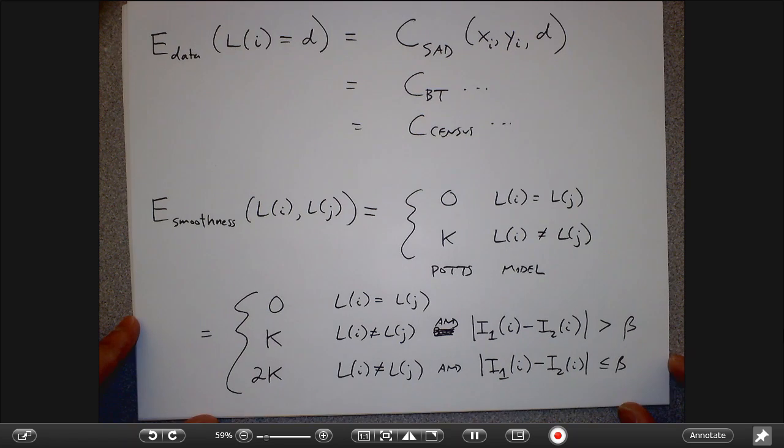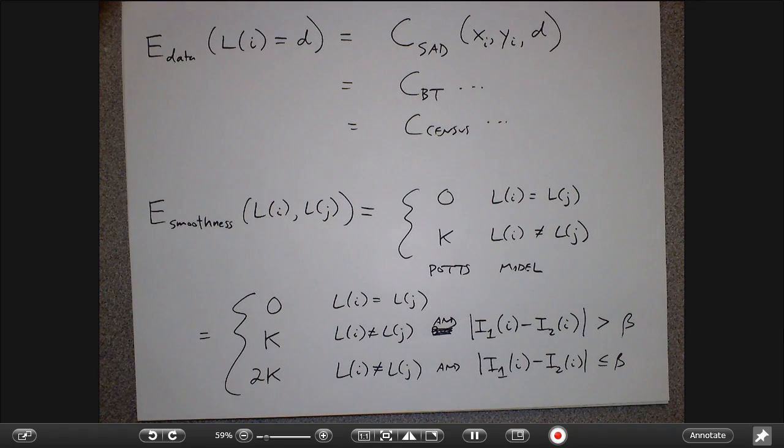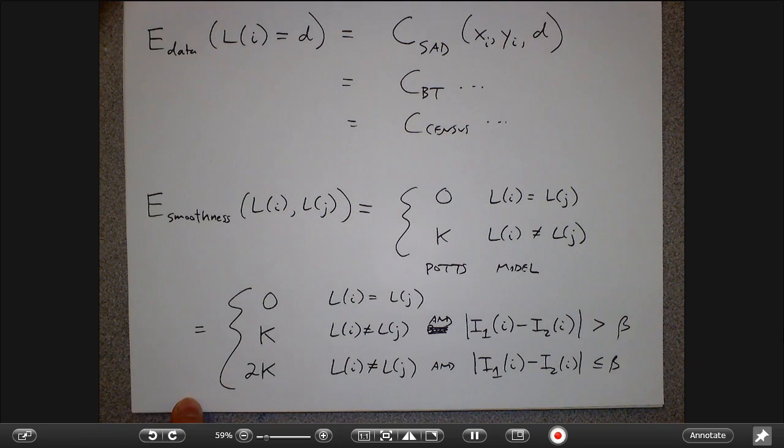So the idea is, if your labels between neighbors agree, no problem, no penalty. If you don't agree, then I look and say, if your colors are really different, I'm not going to penalize you too much, because maybe there's good evidence that there's no reason your labeling should be the same in the first place. So you only get a penalty of K. But if your colors are the same, then there's a pretty good hypothesis that you should have the same label, and now I'm going to give you a higher penalty, right? So this is called the intensity adaptive Potts model.